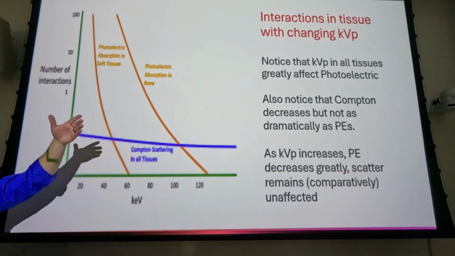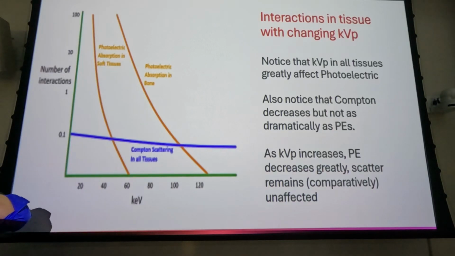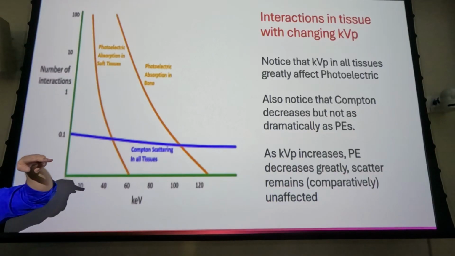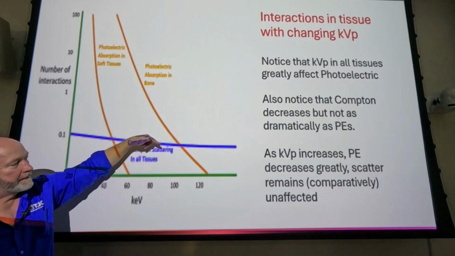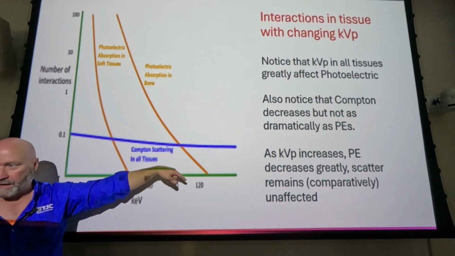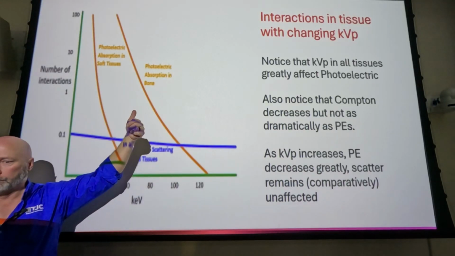So what's the only other thing that we've got there? We've got really 4 types of interactions. We focus on 3. One is not really an interaction, right? It's penetration without interaction. So naturally, if our kVp increases, our Comptons decrease a little bit, and our photoelectrics decrease a lot, what happens to transmission? It goes through the roof, right?